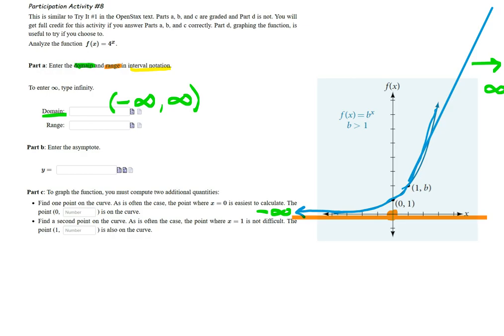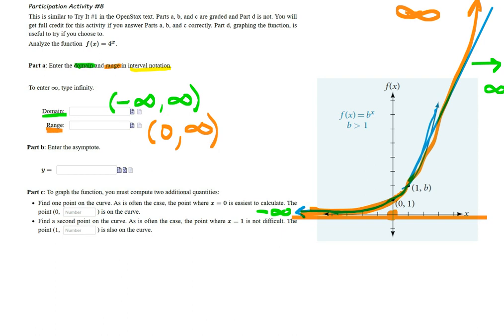But since it's not touching the x-axis, we don't include that 0. It's never going to hit the x-axis, so it's not going to get to 0 on the y. And it does keep going up and up and up in this direction. So eventually it gets to infinity. And so that's my range.